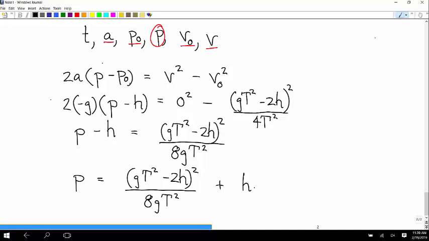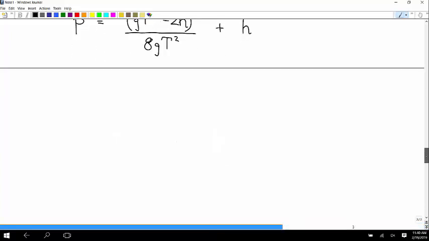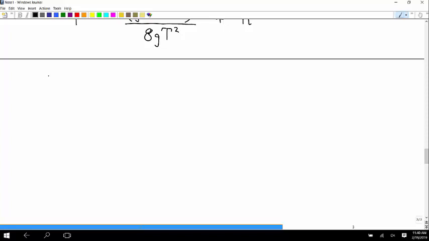And then the last one is a relative motion problem. So you have an object inside an elevator that's in free fall.